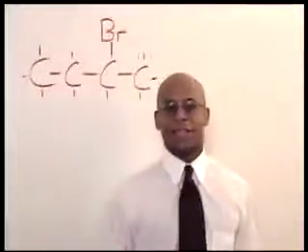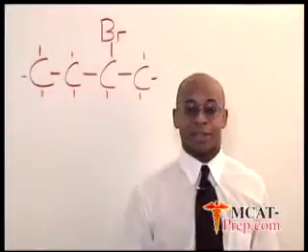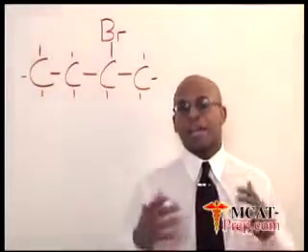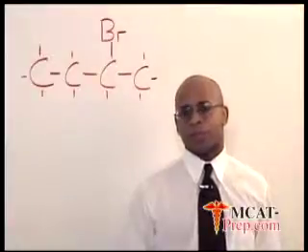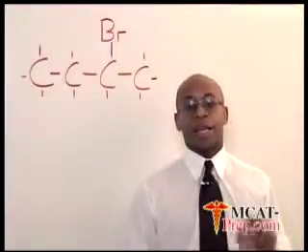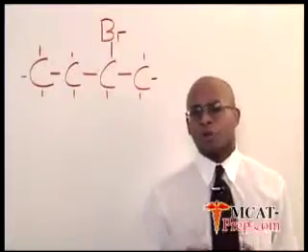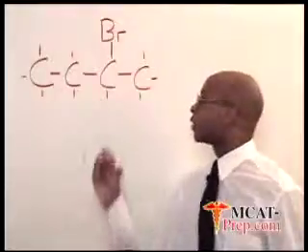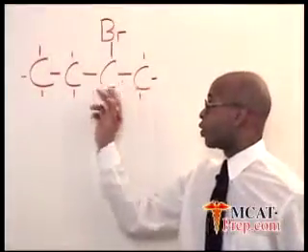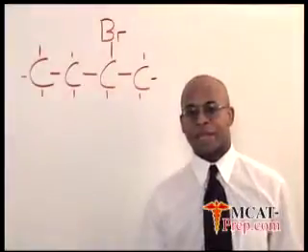Now, we've already done a review of substitution and elimination reactions. So we're going to do an extra bonus review of these 2 types of reactions only because they're so popular on the MCAT exam. Also, we're going to look at this particular chemical, which is 2-bromobutane, because it is so popular on the MCAT exam.